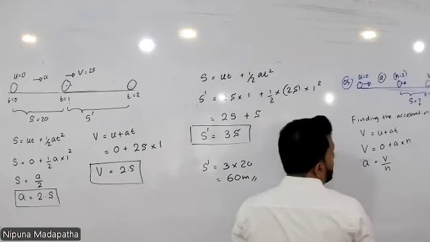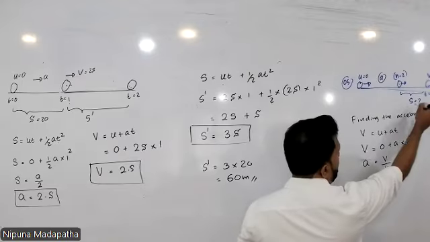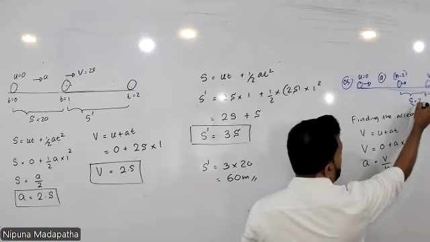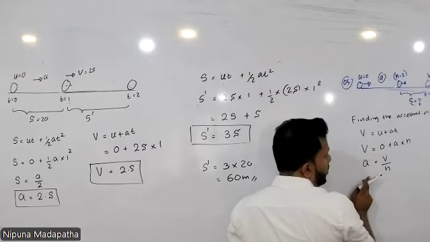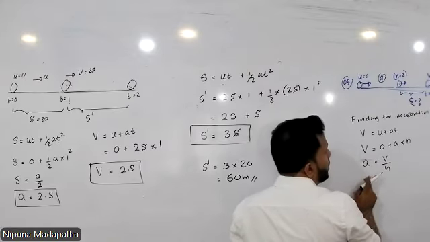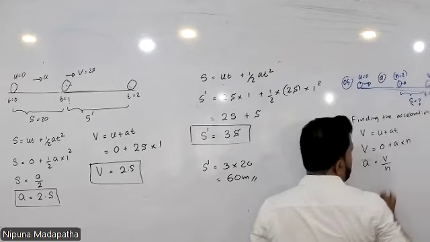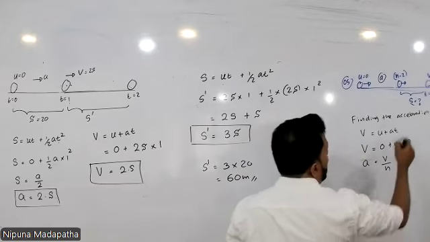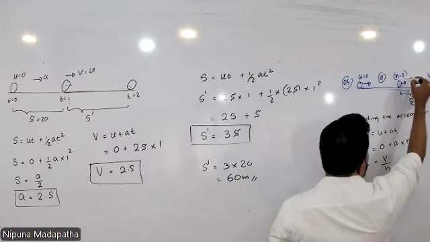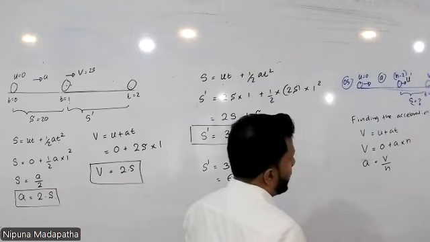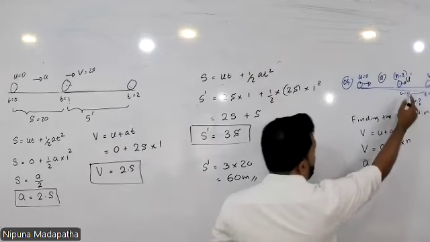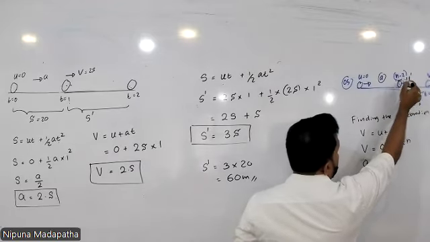My plan is to use the s equals ut plus half at square equation for this period. The acceleration we have found is v over n, and the time is 2 seconds. Then we need to find the initial velocity here. Suppose it is u dash, the velocity after n minus 2 seconds.